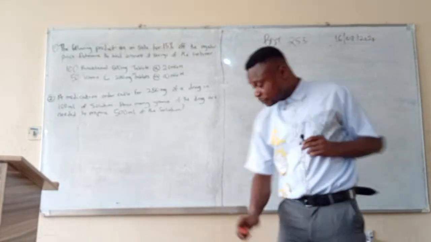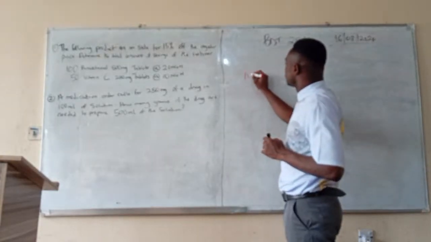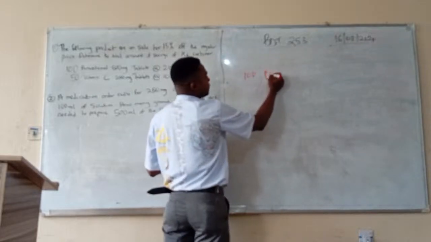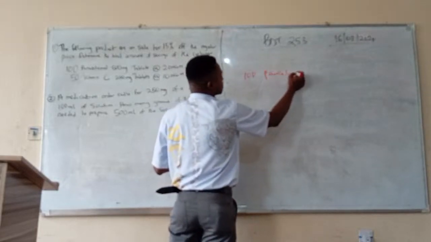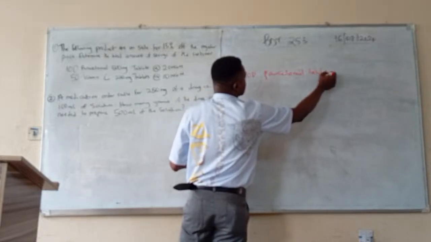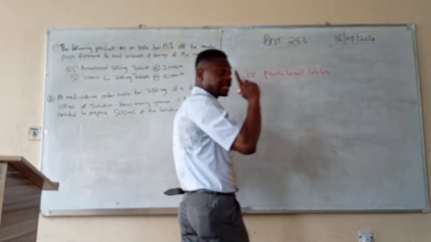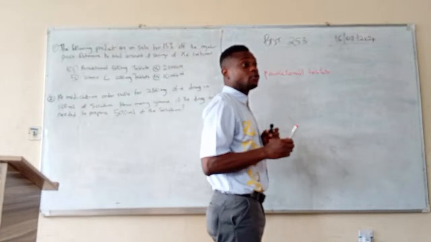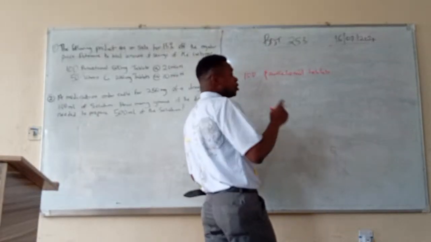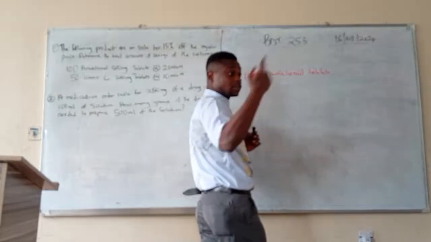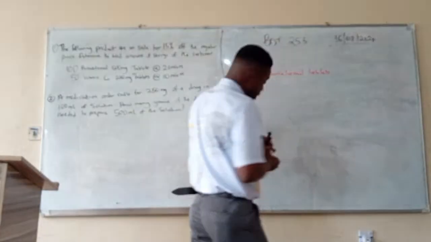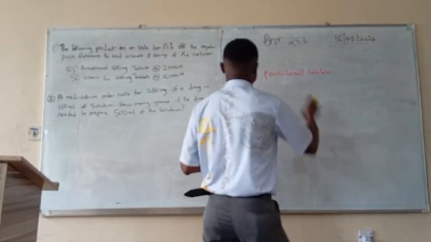The price of a tablet is 20 naira. So total is the 100 tablets times 20 naira. So let me stop repeating what is already here.